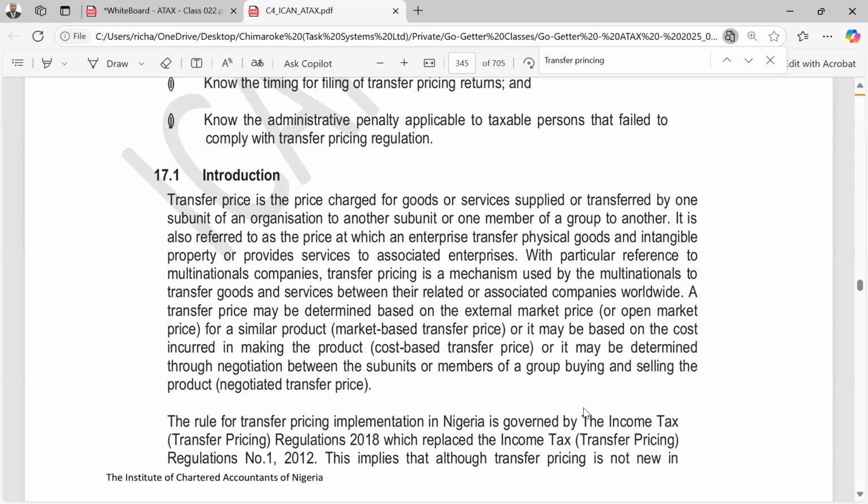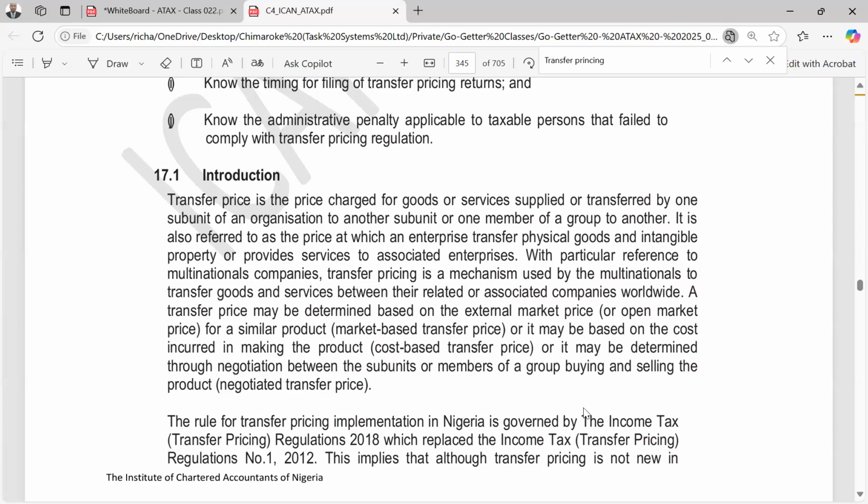And this transfer price is determined either by the external market price for a similar product, or it could be determined on a cost incurred basis. So it could be that the market forces will make you sell at a price that is obtainable in the market.